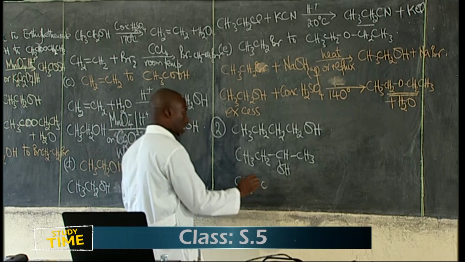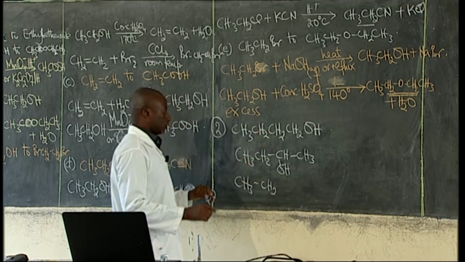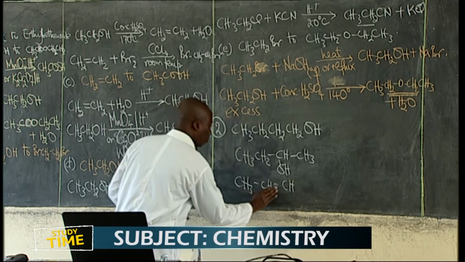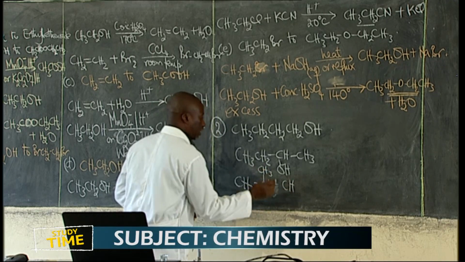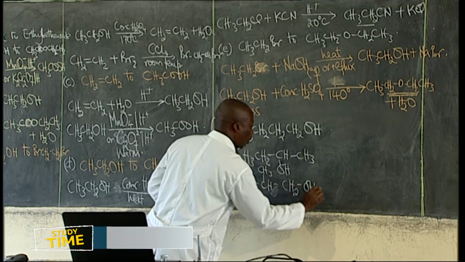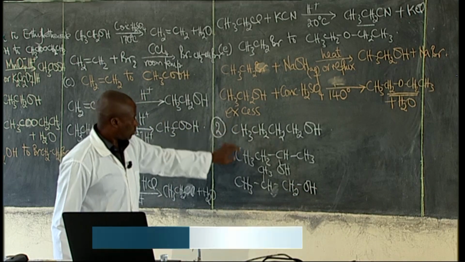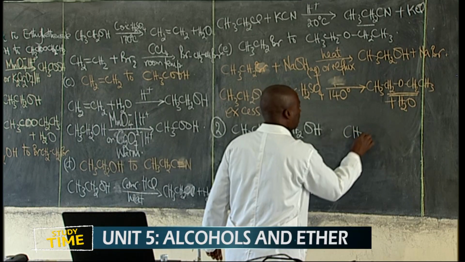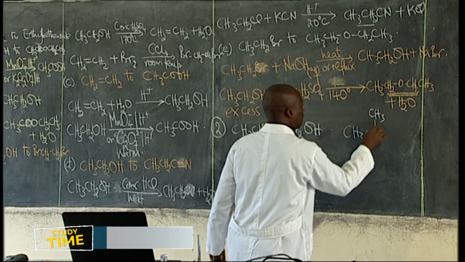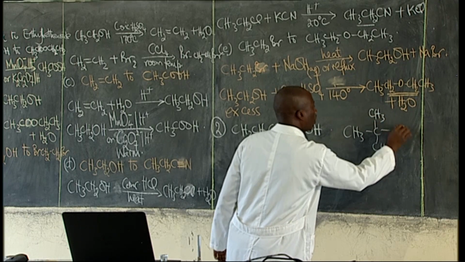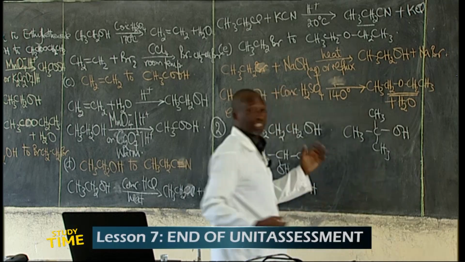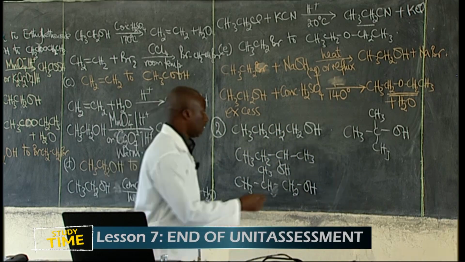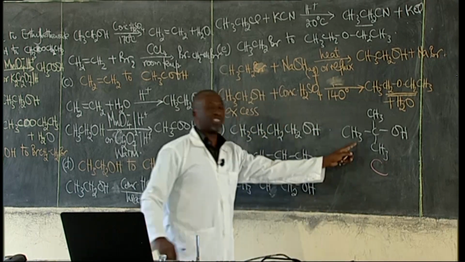Then CH3CH(CH3)CH2OH. So we need another one. There must be another one. So another one is (CH3)3COH, 1, 2, 3, 4. So these are isomers. So we have already identified that C must be a tertiary alcohol. So C is this one.